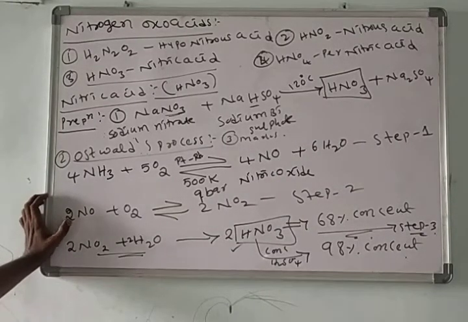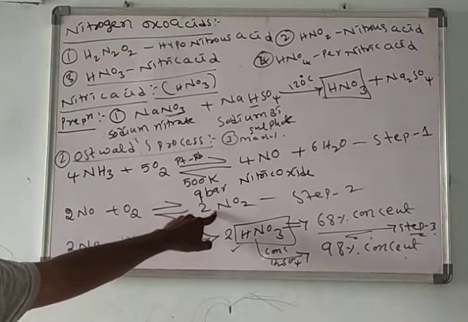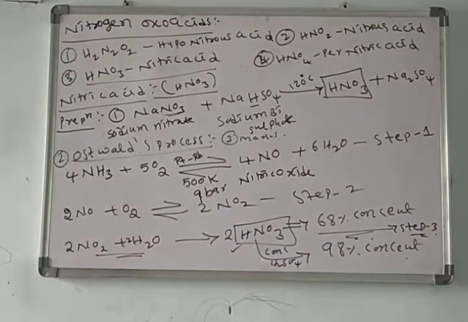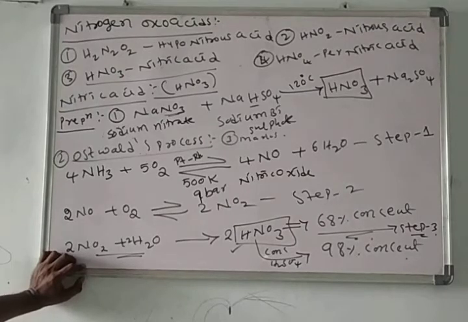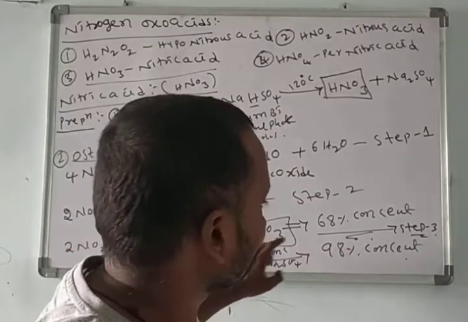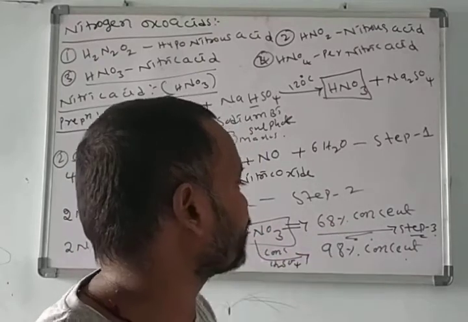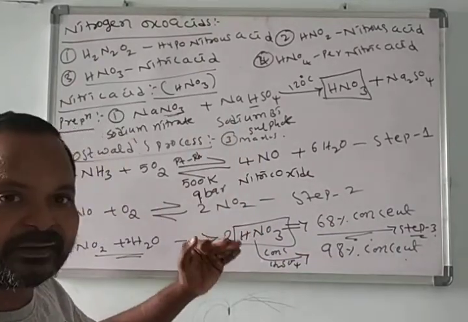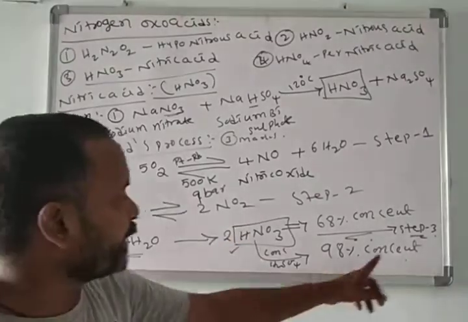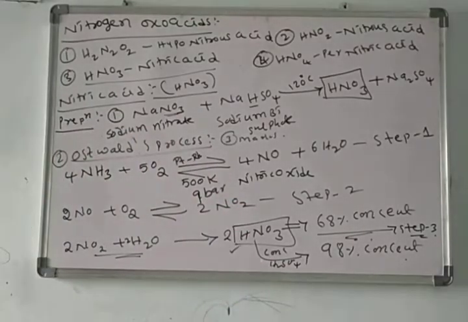Step 2: 2 moles of nitric oxide react with oxygen and brown color nitrogen dioxide is formed. Step 3: the hydrolysis of nitrogen dioxide forms nitric acid, only 68% concentration. The concentration of the nitric acid is increased up to 98% by the addition of concentrated sulfuric acid.